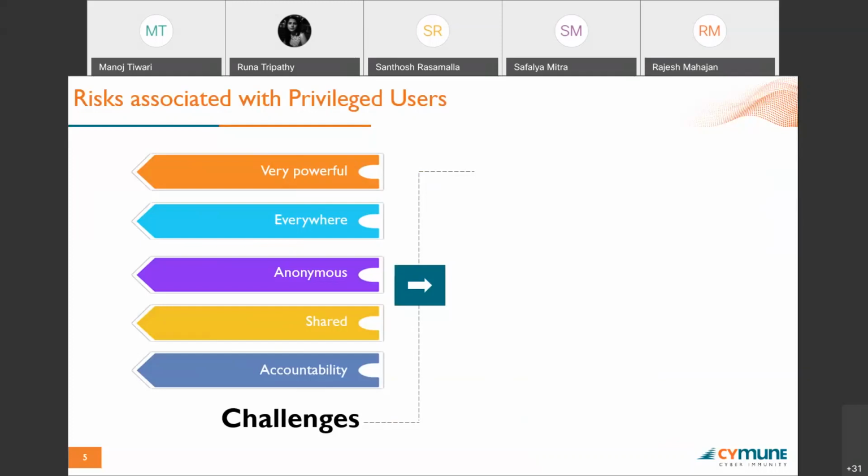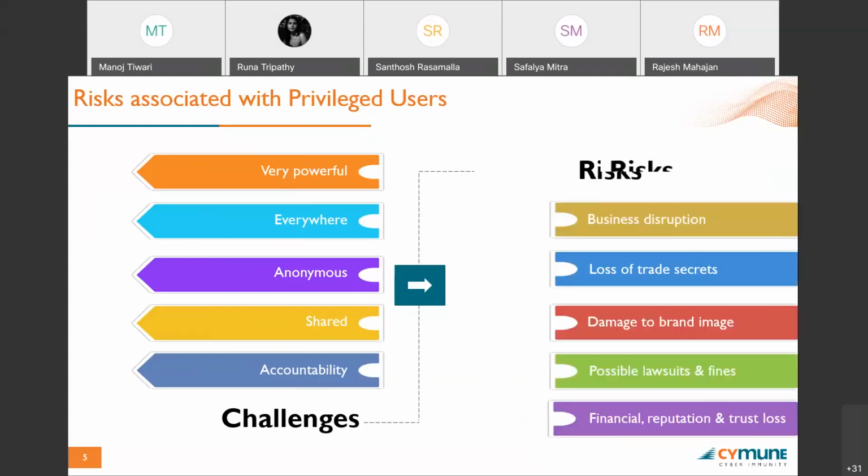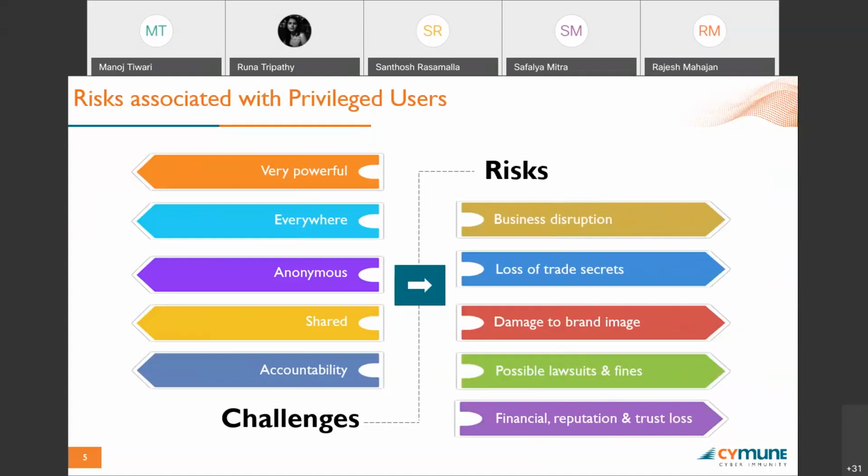And so hence you also get the risks. The risk could be that if any user with malicious intent, or any user who steals the credentials of these privileged accounts, can really damage your company's reputation. There could be some financial loss. There could be some loss of trust between your business and the clients.